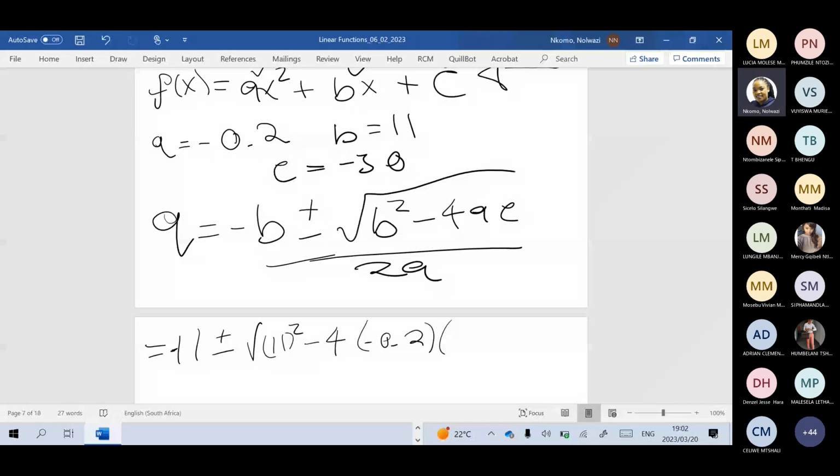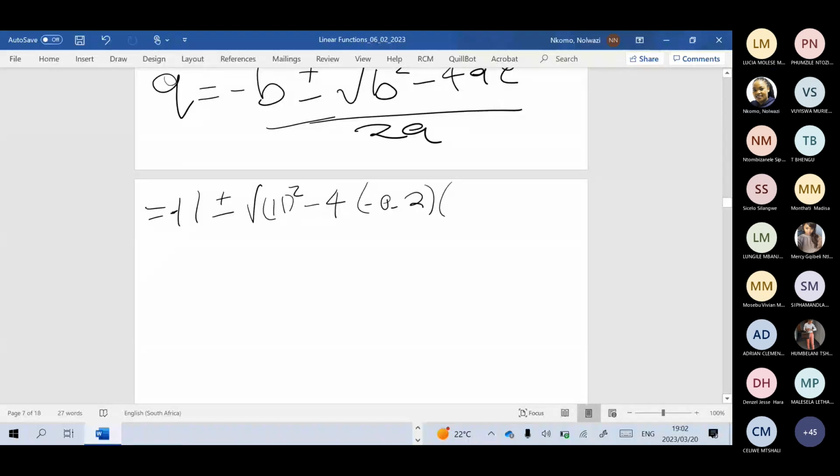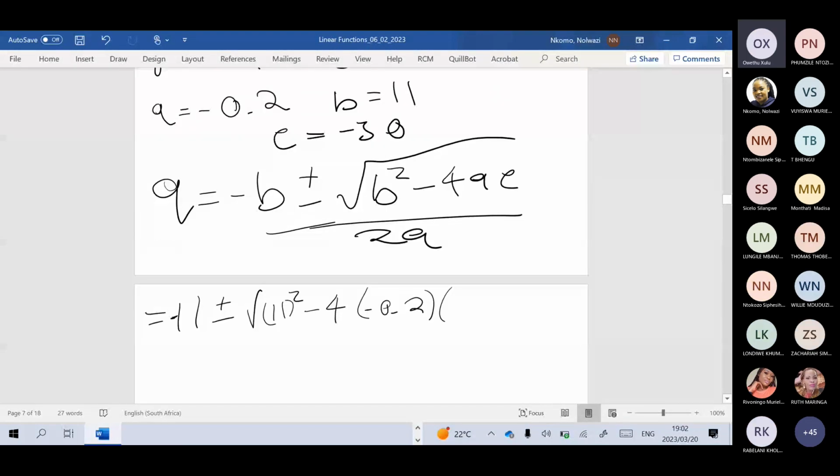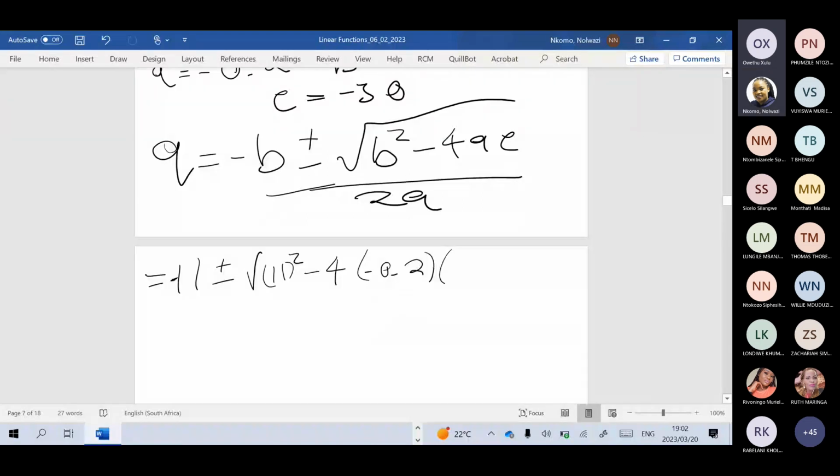Okay, what is our C? 30. So we have minus 30. Yes, I just wanted to find out, where did you get the negative 30? My pen doesn't work.